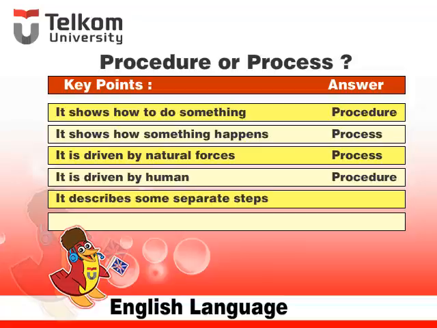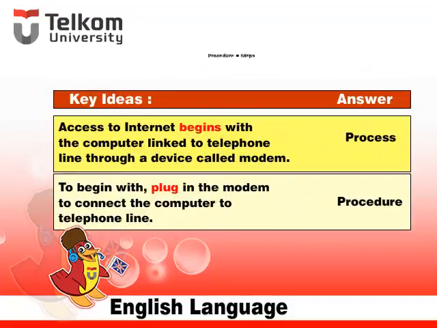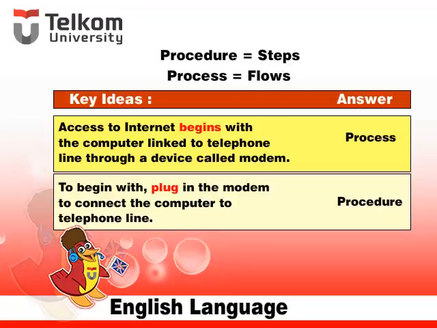It describes some separate steps is a procedure. It describes a continuous flow is a process. Therefore, a procedure consists of steps. Meanwhile, a process consists of flows.